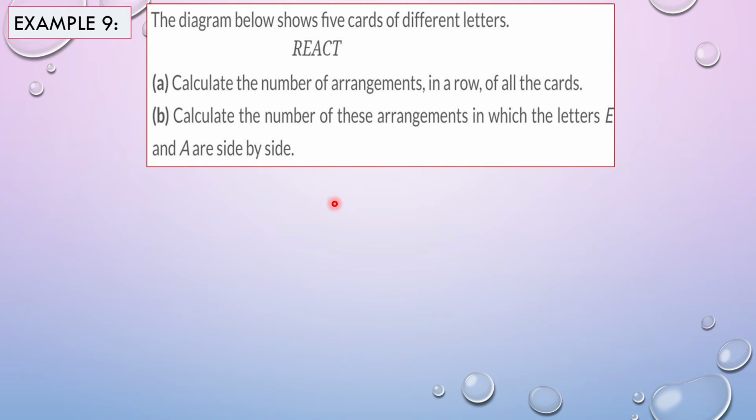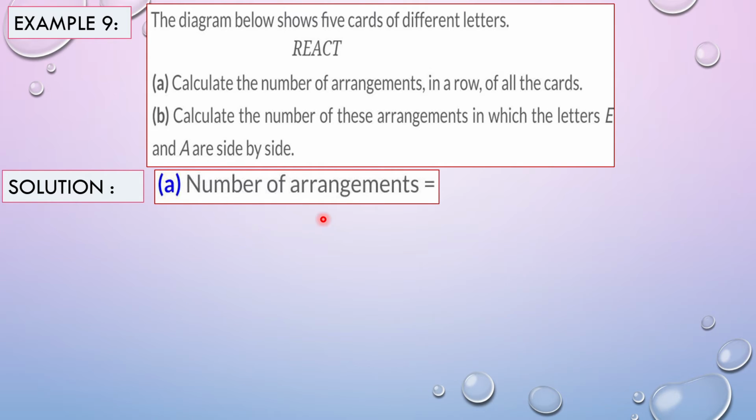Do you still remember how to arrange all 5? So let's look at the solution. Number of arrangements is just 5 factorial, which equals 120. Or you may use 5P5 to find the answer. You will get the same thing, that is 120.